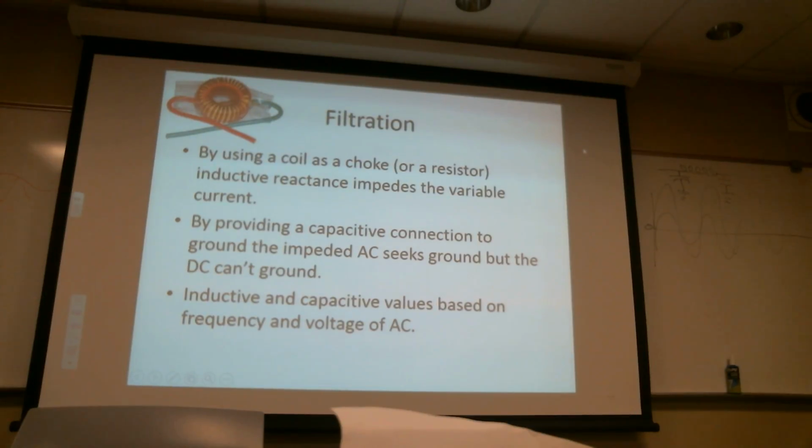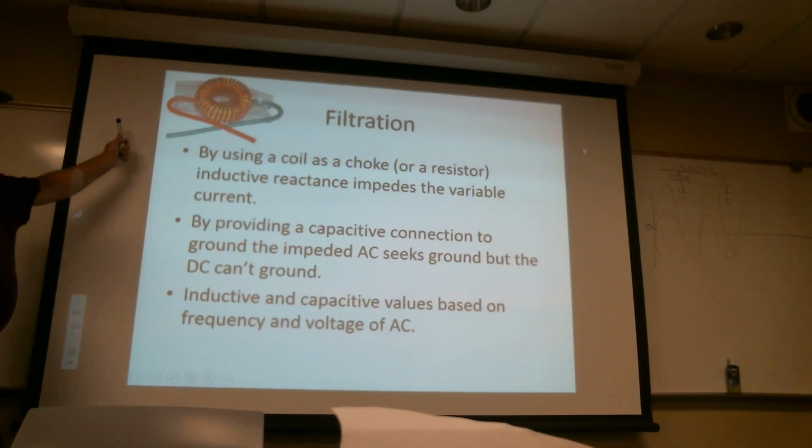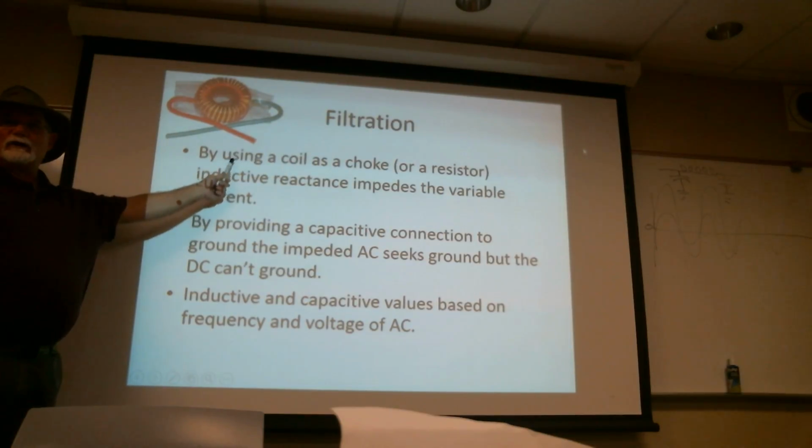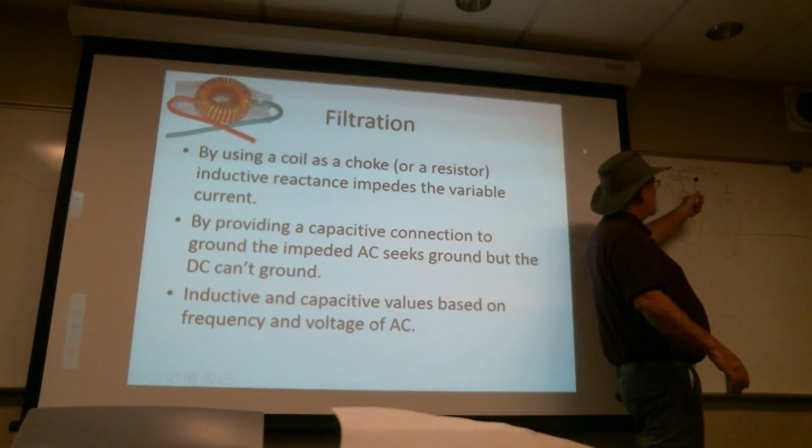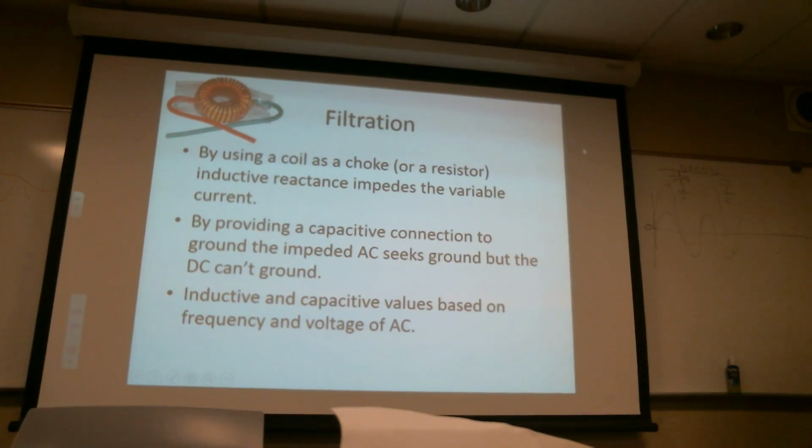Okay, and I've already talked about that. So a coil doesn't even have to be a transformer, although in essence it is acting like a transformer. If we're using it just as a coil for the sake of impeding flow, like what I've got drawn up here, we call the coil a choke.